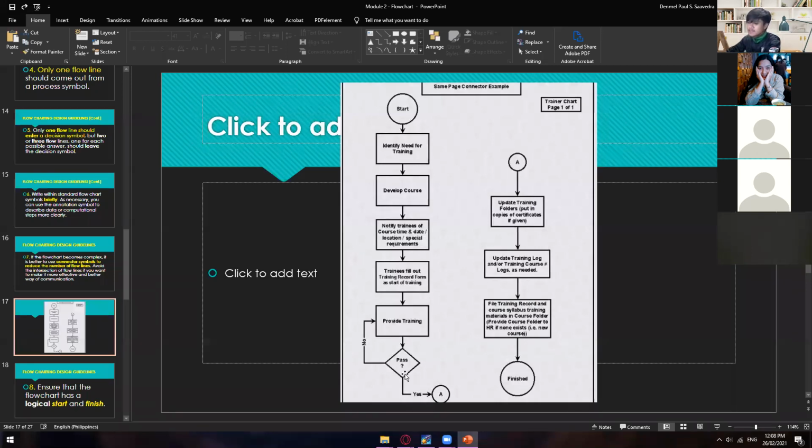Meaning this decision symbol is connected with this process. So instead of drawing a very long line going up and then connecting it right here, why not use a connector? In that way it's easier to understand, more neat, and much cleaner than using a physical line.